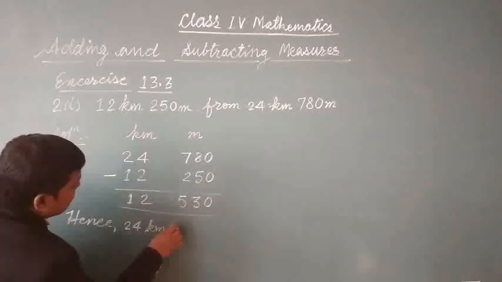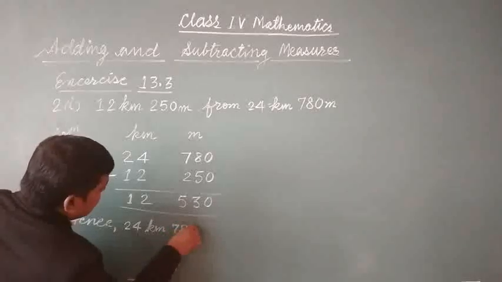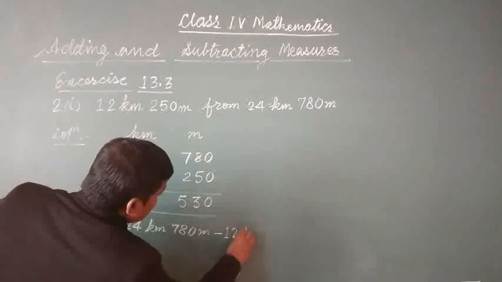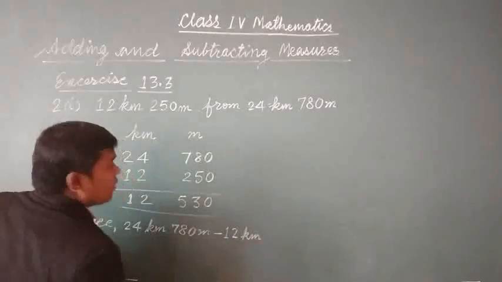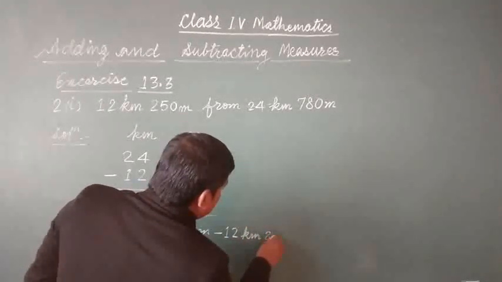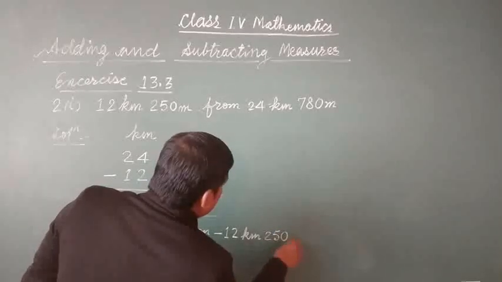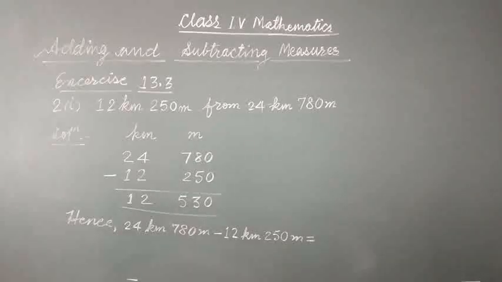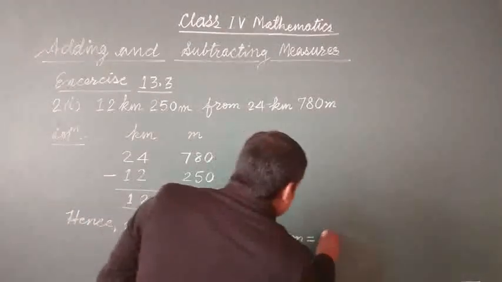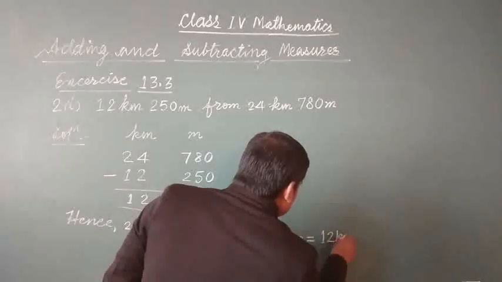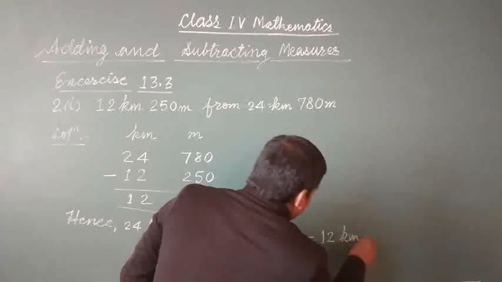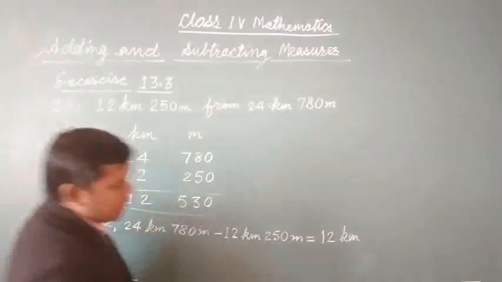So we write again here, hence 24 kilometer 780 meter minus 12 kilometer 250 meter is equal to 12 kilometer 530 meter.